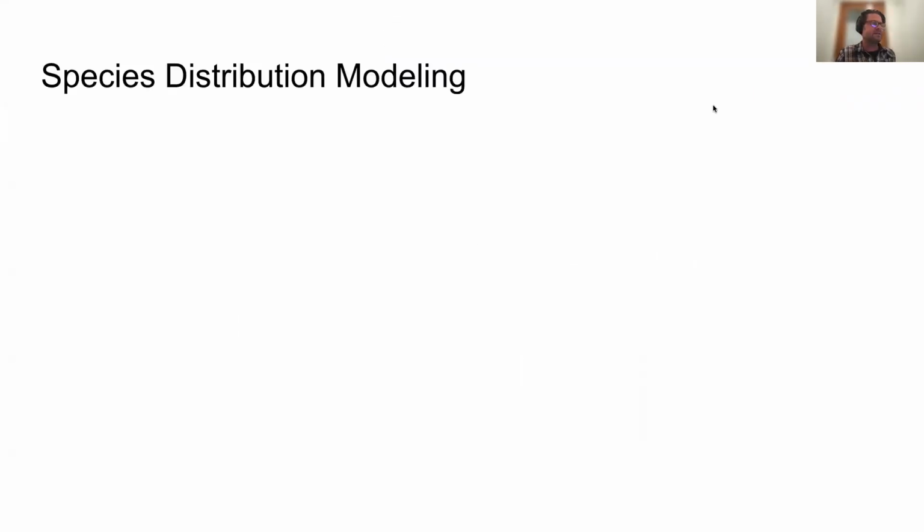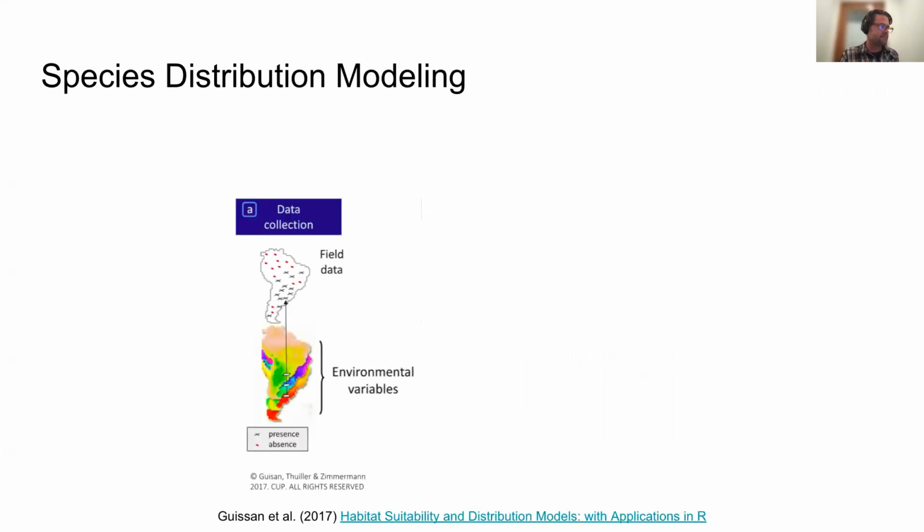A lot of the terminology can in some cases be essentially equivalent, so I want to make sure that you guys know what we're talking about consistently. There's this book, Habitat Suitability and Distribution Models, by Guisson et al. They wrote a really seminal paper in like 2000 that described this stuff. This is a nice overview graphic, and we're going to go through each of these major steps.